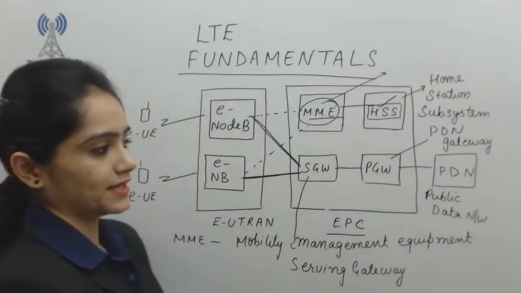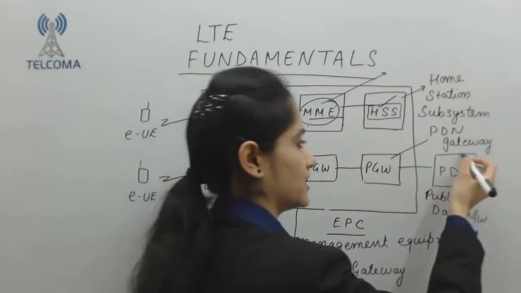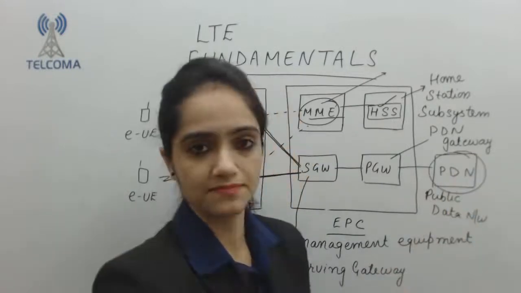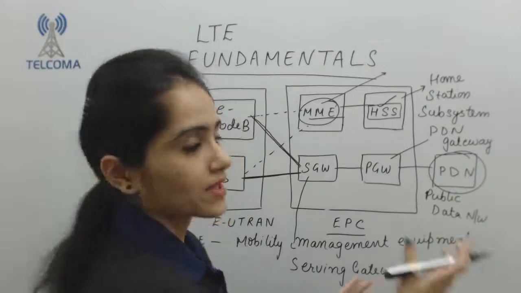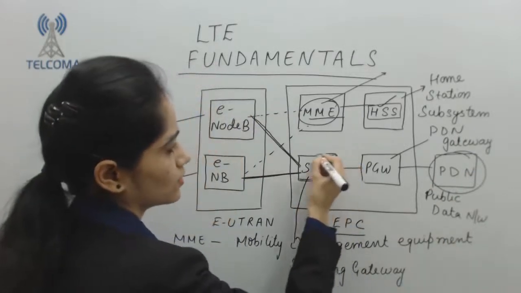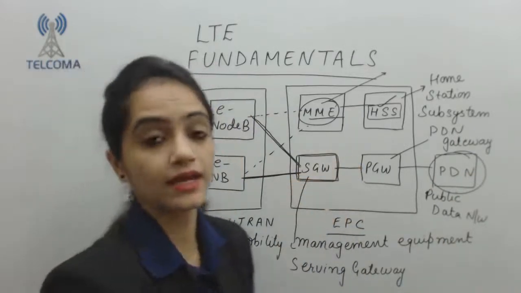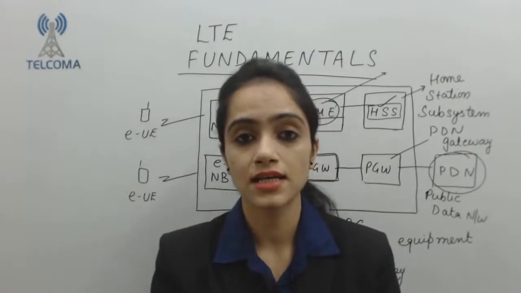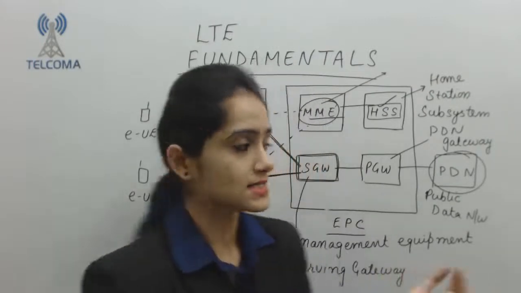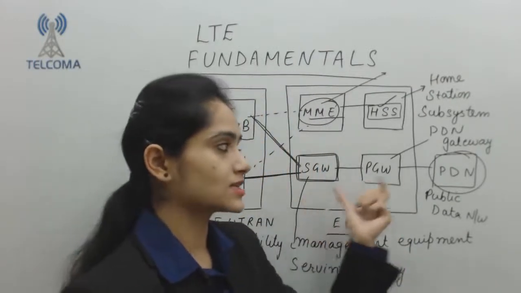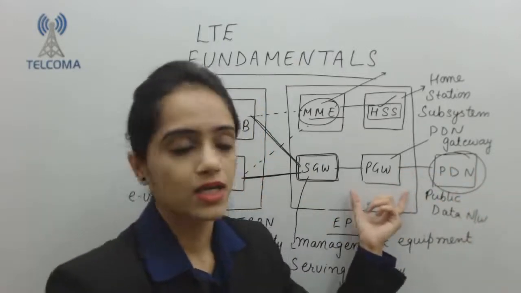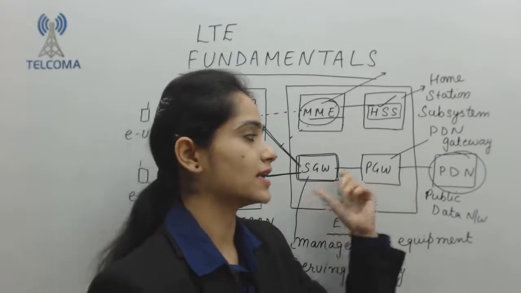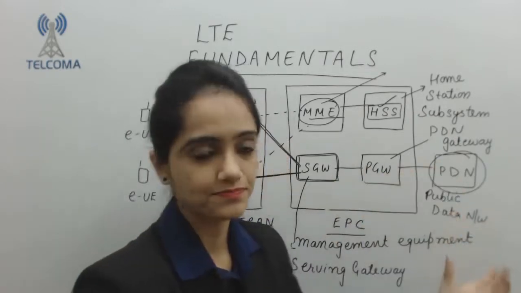Now we require data. So we have a public data network here, that means the PDN, and we have servers at this end. Now the main controller of data is the serving gateway, like we have the SGSN in the 3G system. This serving gateway is connected to the PDN with the help of the PDN gateway. The PDN gateway provides a gateway to the external network.